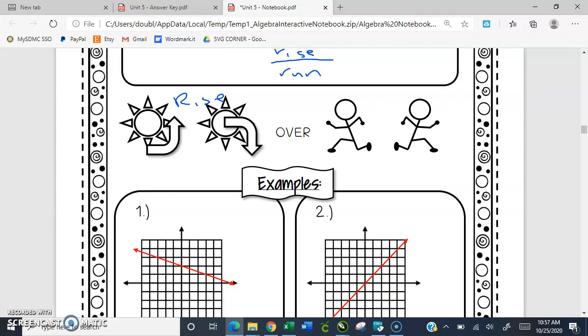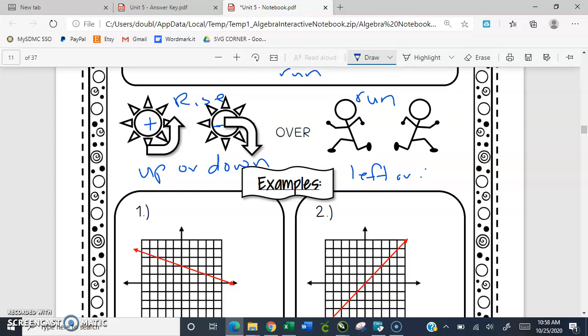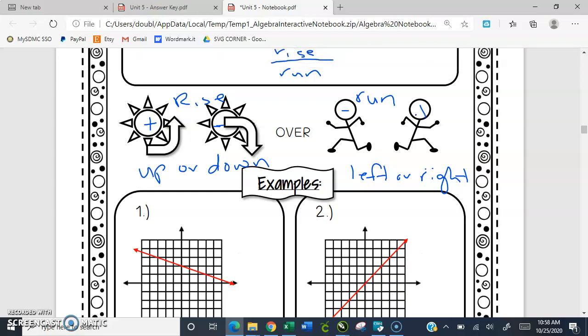If it goes up, that means our slope is positive, and if it's negative, that means it goes down. That is our rise. Over run, which is left or right, depending on whether it's positive or negative. Anytime it's negative, it goes left. Anytime it's positive, it goes right.